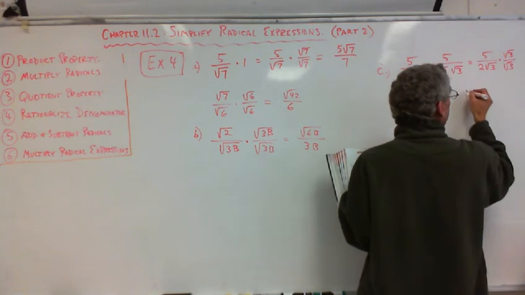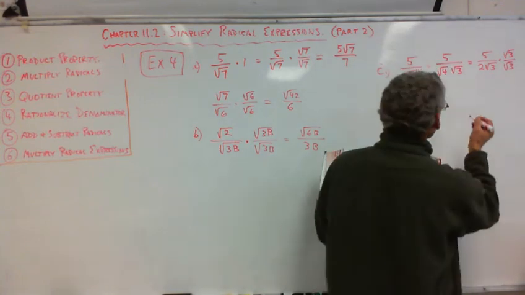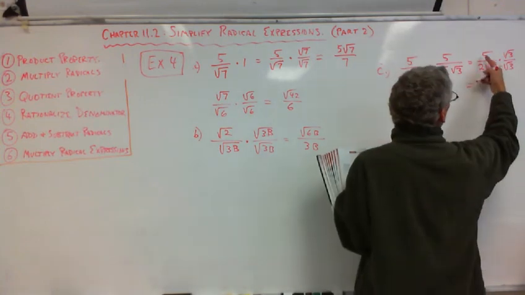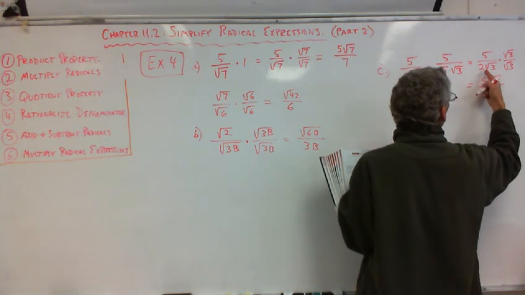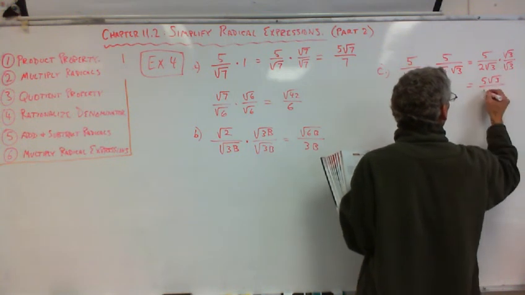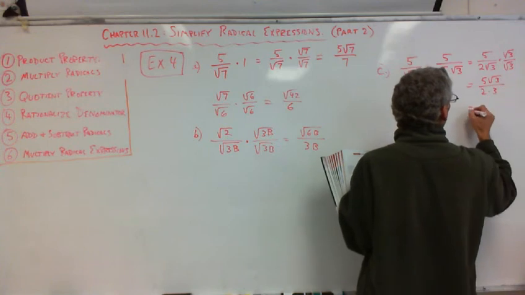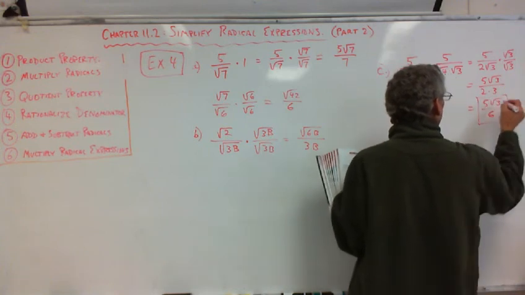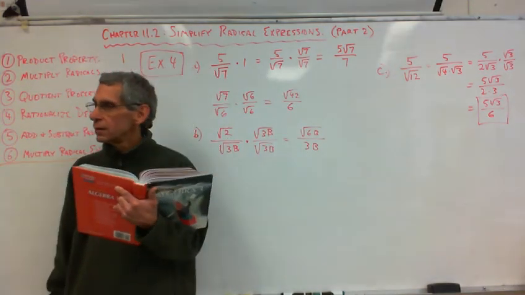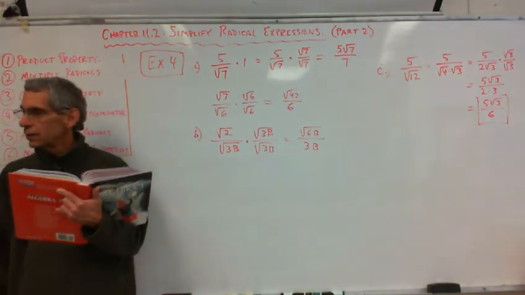So that gives you 5 square root of 3 over 2 times 3, so that equals 5 square root of 3 over 6. That's my answer. Does that make sense? Did I lose you guys on that one? Okay.